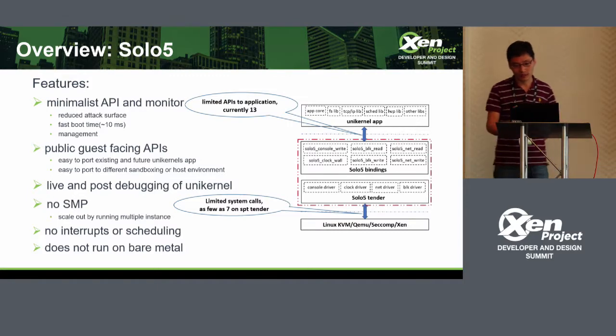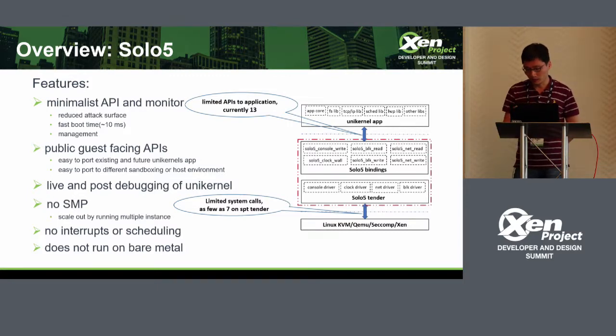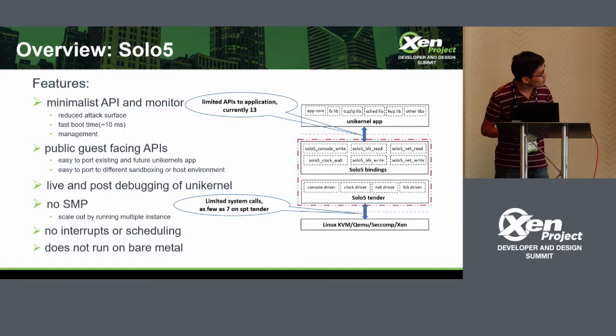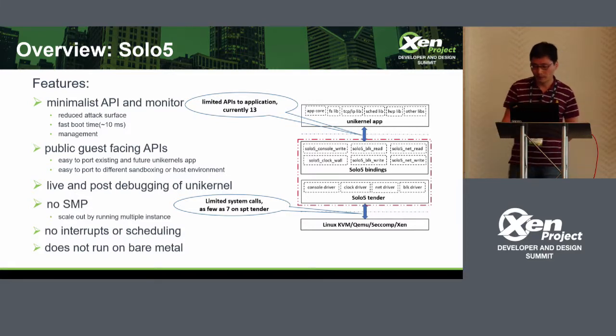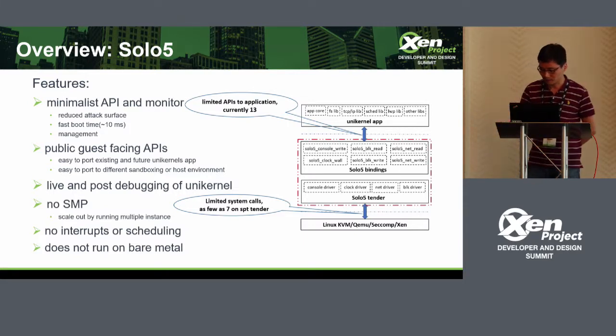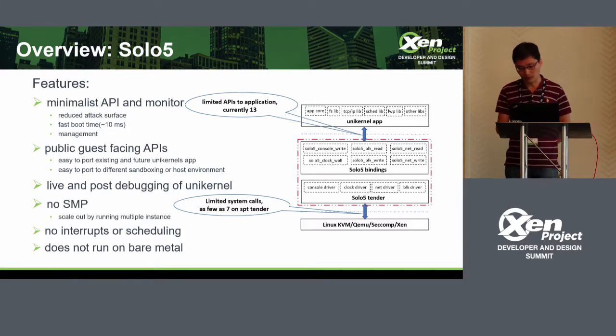Here is the software stack of Solo5, and it mainly includes two components, the Solo5 tenders and the bindings. The bindings are a limited collection of APIs to provide services to the Unikernel. For example, the block read and write APIs provide block device access service.